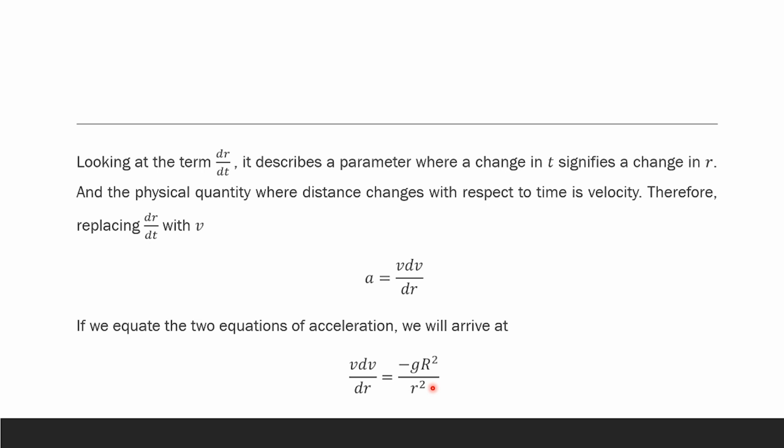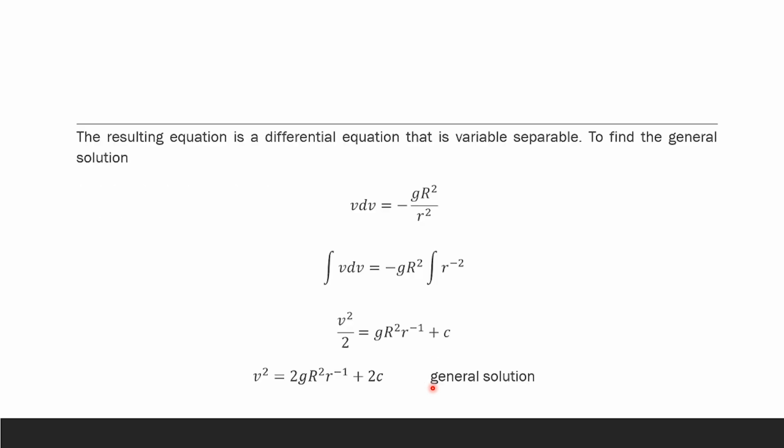So kung napansin natin, itsura pa lang ng ating equation, this is a variable separable differential equation. So kung ano yung napag-aralan natin nung nakaraan, kung paano i-solve tong ganitong klase ng DE, gagamitin natin siya. So the resulting equation natin, again, is a variable separable. Now, let us try to find the general solution.